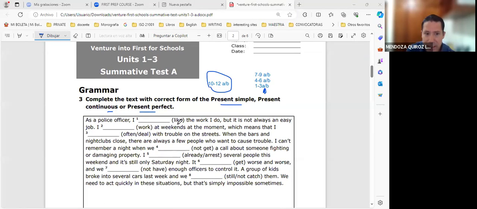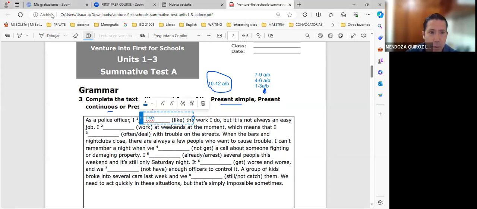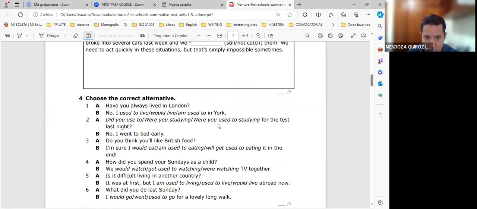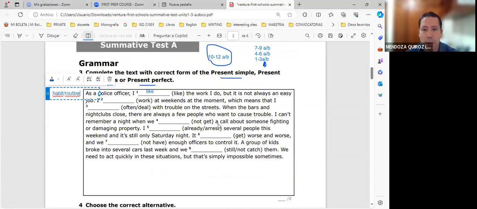As a police officer, I like the work I do, it's a habit or routine. Two minutes, try to complete, and if you finish, go on with the next one. In 2 minutes, I will start.